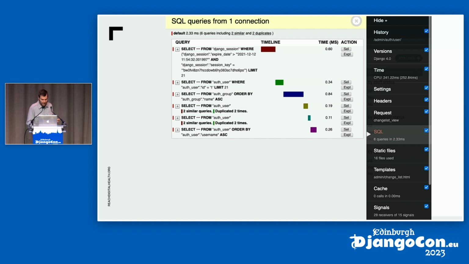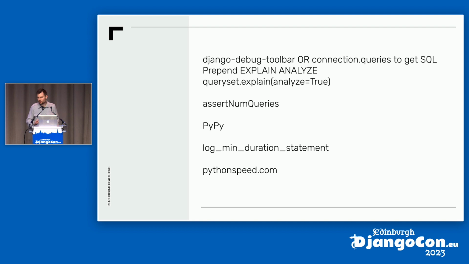And now, nearing the end, I just want to go over a few more odds and ends, a few more tools that really helped us. You can use Django Debug Toolbar, or if you're in debug mode, you can use connection.queries. That will give you the SQL queries that are running, so you can see what the actual SQL queries are.